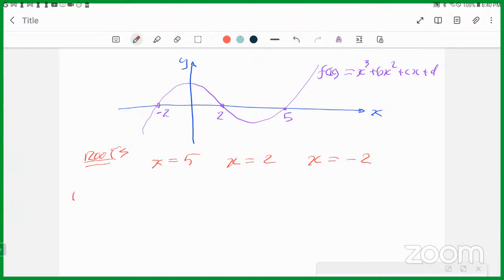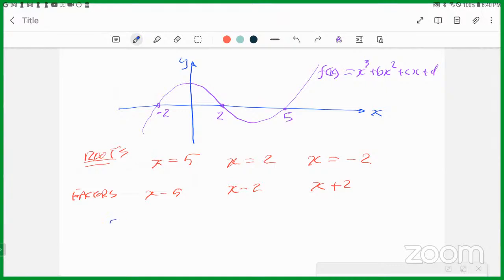And so from those roots, we know the factors of this function: x minus 5 from this root, x minus 2 from this root, x plus 2 from this root.